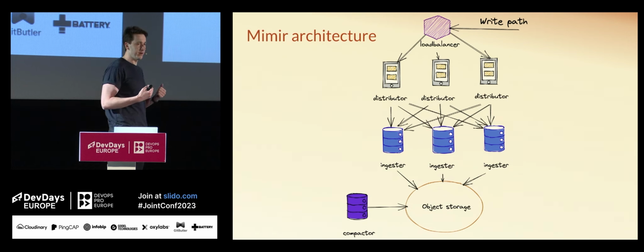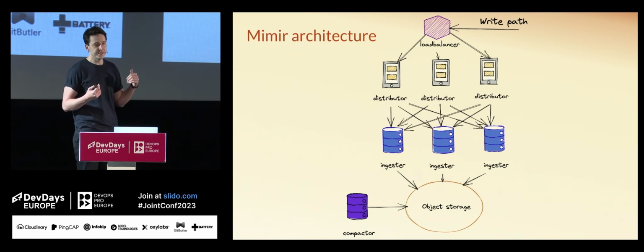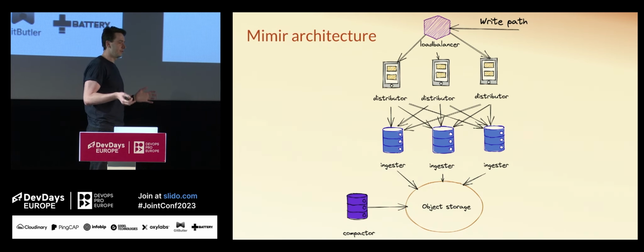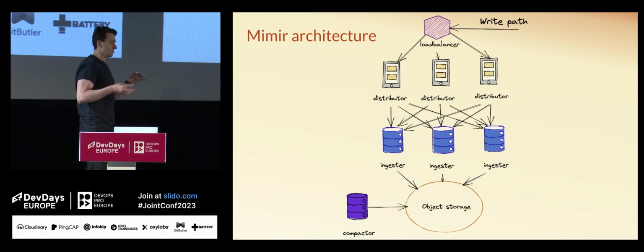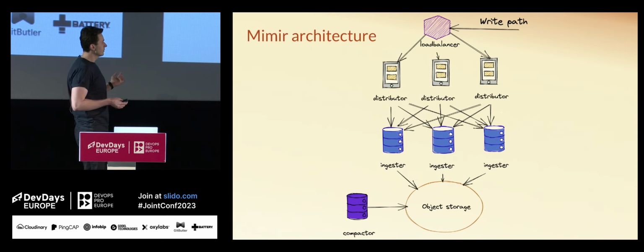They receive those writes and write the data into memory, forming data chunks. These chunks stay in memory for about 2 hours, and then the ingester flushes them as a data block on disk. After some time, this data block is eventually uploaded to the object storage, so it can be queried afterwards.